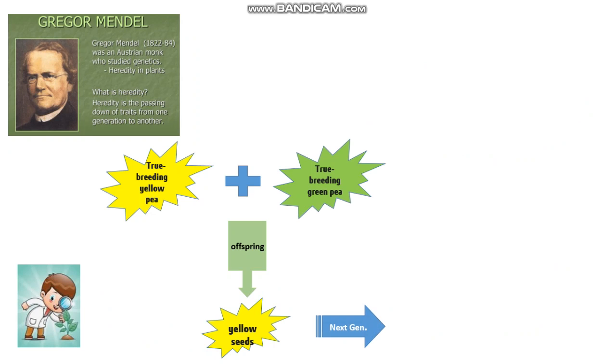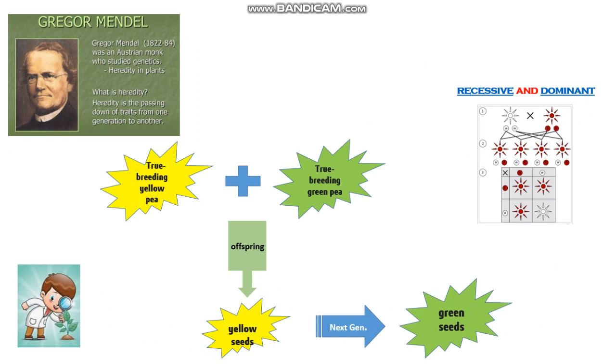However, he found that in the next generation, the green seeds reappeared. Although the number of green seeds was much lower compared to the yellow seeds, the ratio of green seeds was 1:3. This experiment he termed recessive and dominant. As we know these days, recessive and dominant genes are well known.